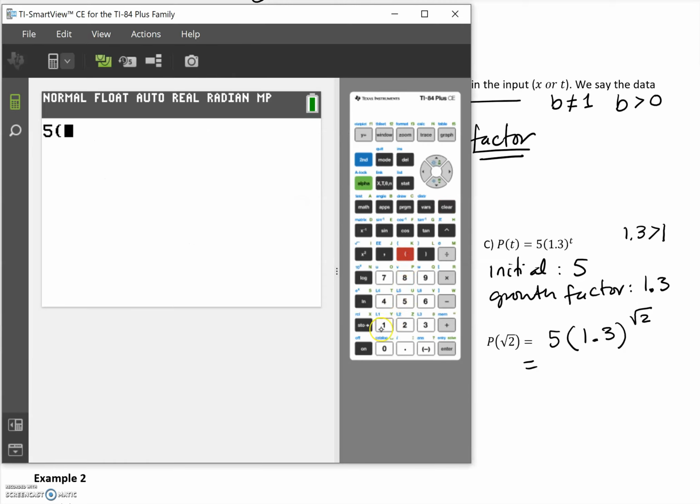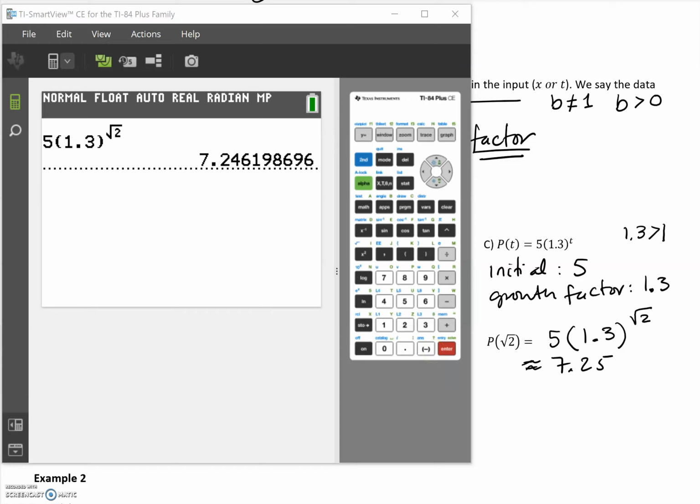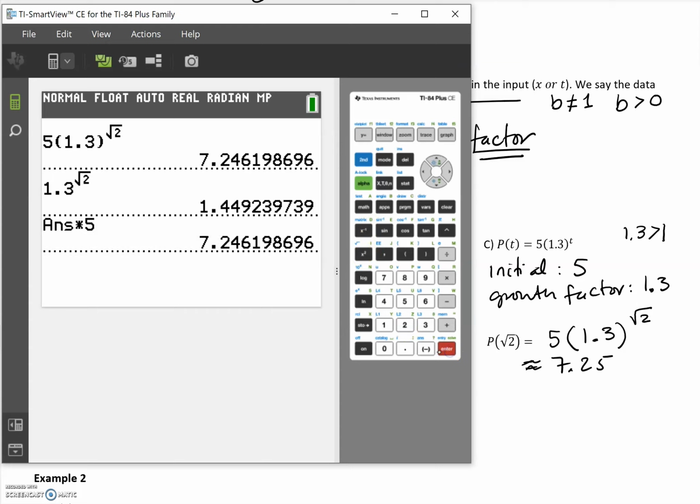So we'll do 5 times 1.3 raised to the √2, and we're going to get approximately 7.25, let's say. I want to make sure that if you're not inputting it all at once, that you do the 1.3 raised to the root 2 first. If you're using a calculator that's not a TI, first you've got to do the exponent piece, then take that answer and multiply it by 5.